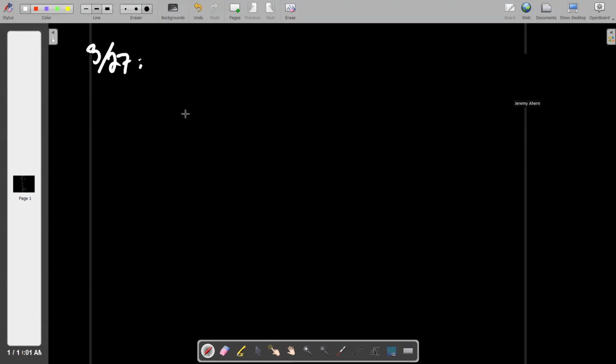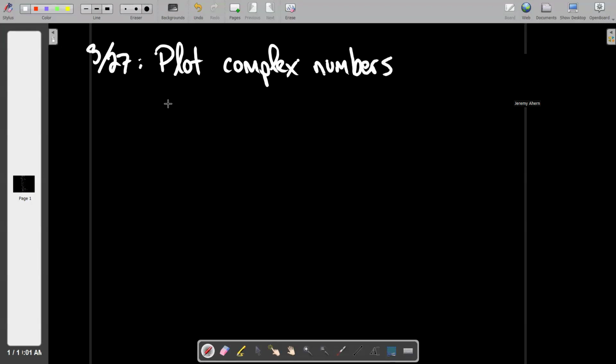And we're going to accomplish two tasks today. One is we're going to plot or graph complex numbers. And we are also going to find the modulus of complex numbers.